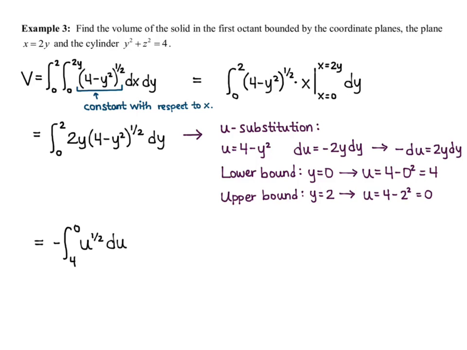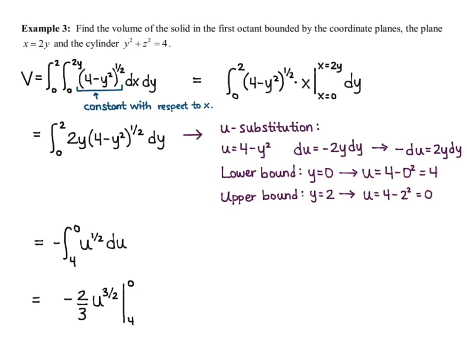We can pull the negative out front. The negative came from the negative du, which replaced 2y dy. Integrating, we get negative 2/3 times u to the 3/2 evaluated from u equals 4 to u equals 0.